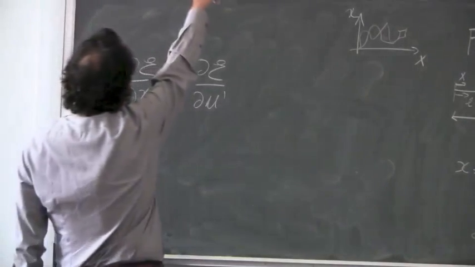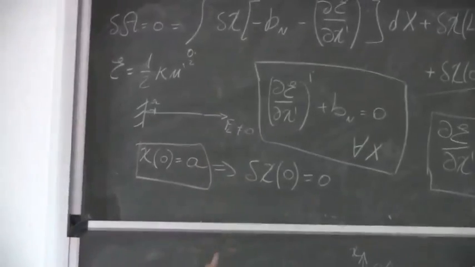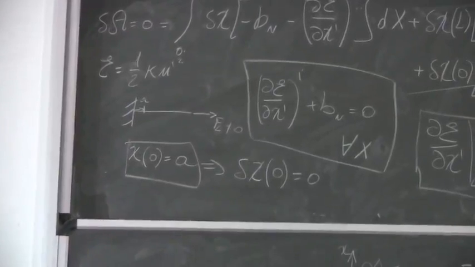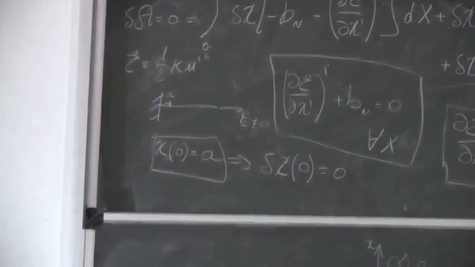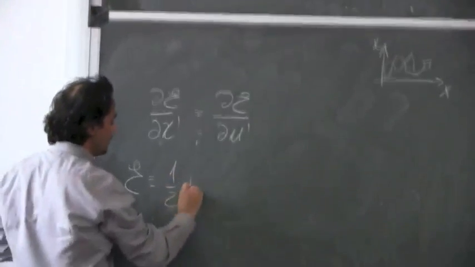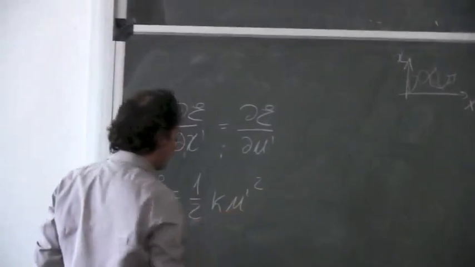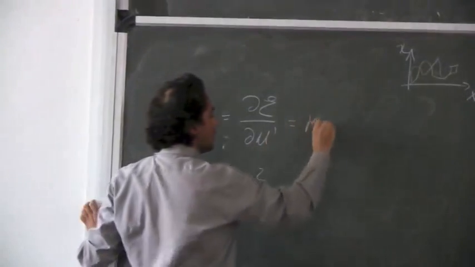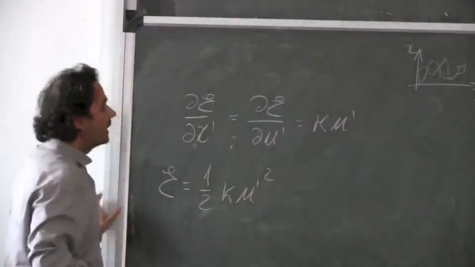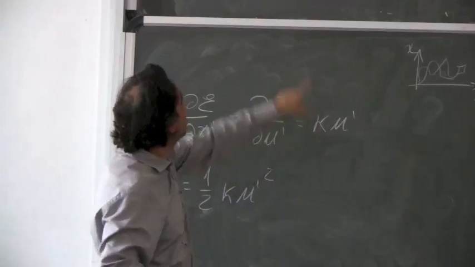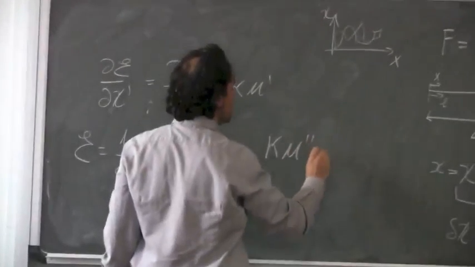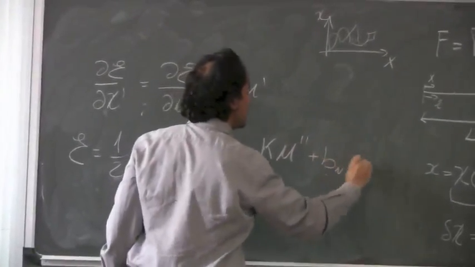That means that the internal equations are, so you have the derivative of this, then this is equal to k u prime. If k is constant, the differential equations are simply k u second plus bn equal to 0.